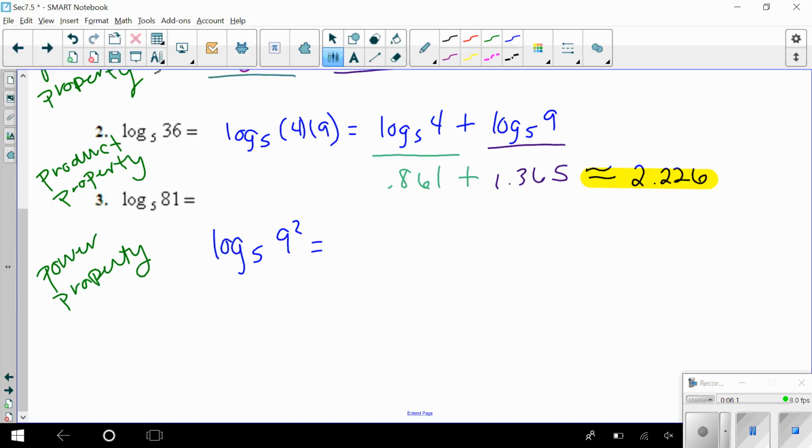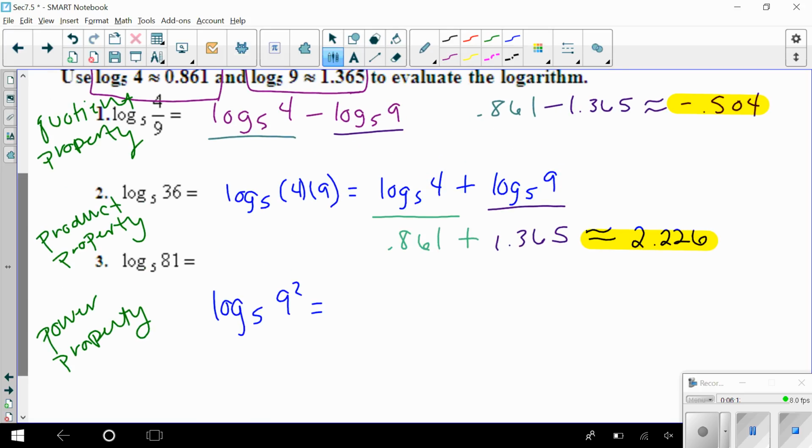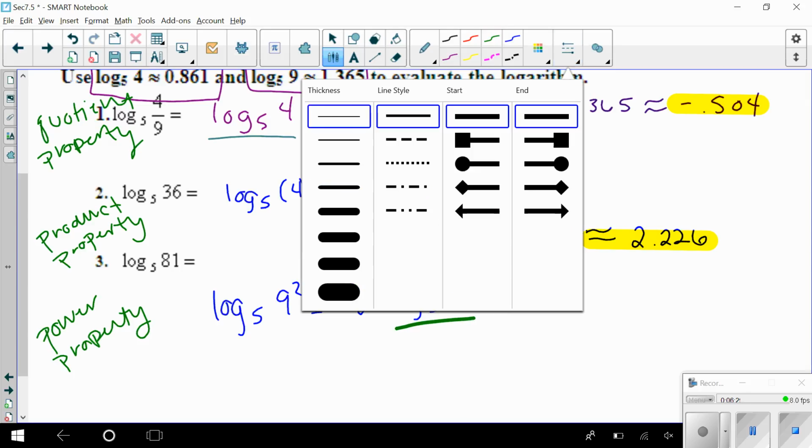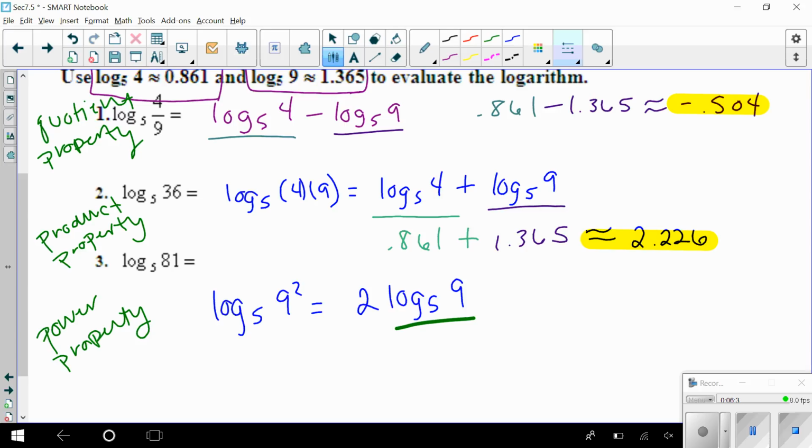When we rewrite that using the power property, we have 2 times log base 5 of 9. And again, we know that log base 5 of 9 is approximately 1.365. So we want to take 2 times 1.365, and that gives us about 2.73.